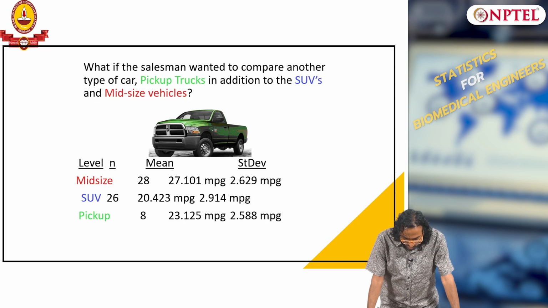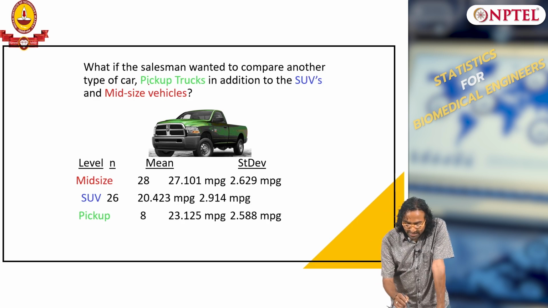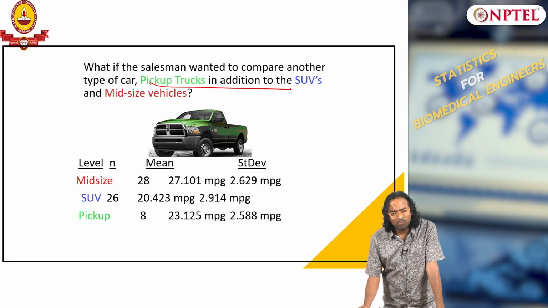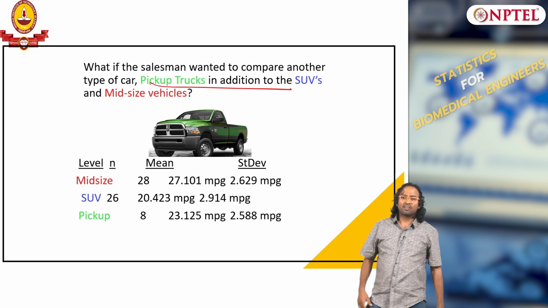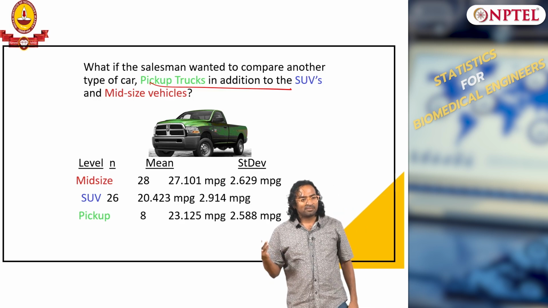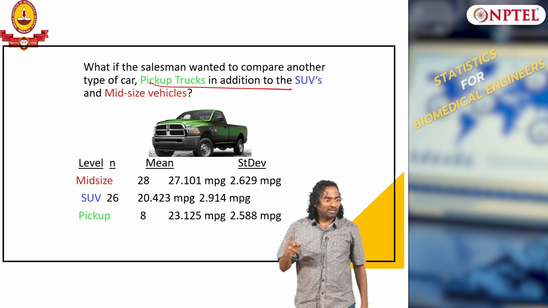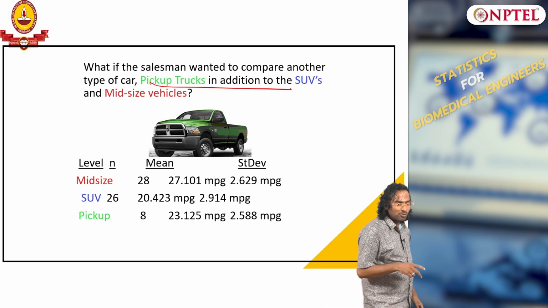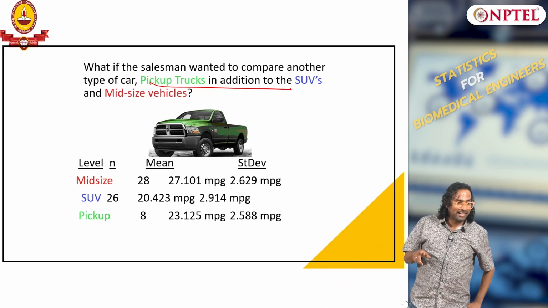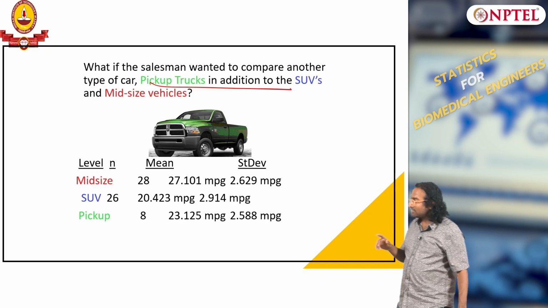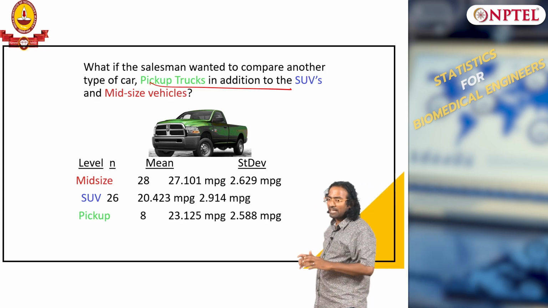Now, if I want to compare 3 vehicles, how do I do it? Do I want to do pairwise? If I do pairwise, how many t tests do I need to do? 3 tests, AB, BC, CA, right, and I will also have confusion among them. So it becomes really complicated, and it also does not scale well. What do I mean by scale well?